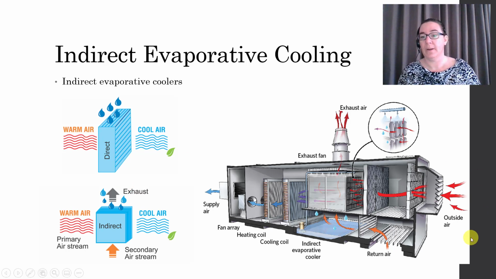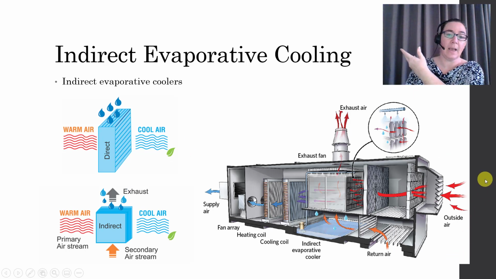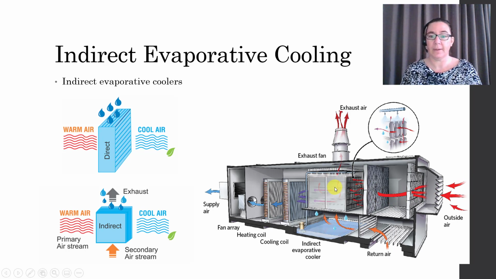Here's what one of these evaporative coolers might look like. In this case, the warm, dry air is coming in from the outside. It comes through this indirect evaporative cooler, and it actually exhausts, taking all the humidity with it, out back into the outside.